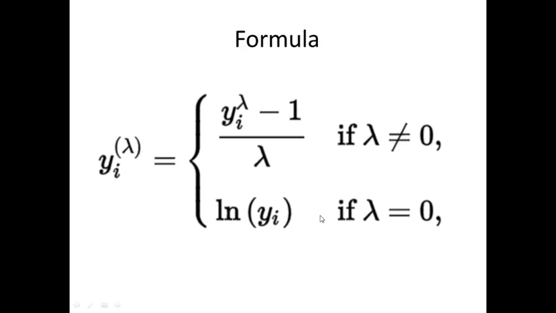Thus, many popular libraries provide these functions. And lambda is the transformation parameter chosen to best normalize the data, and y is the original data, and the data must be positive because the Box-Cox transform works with only positive data.